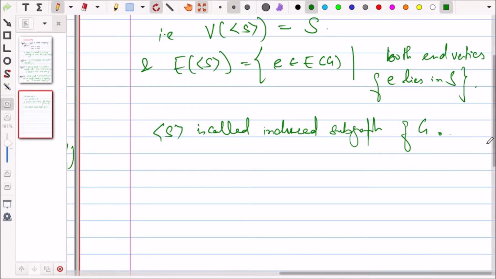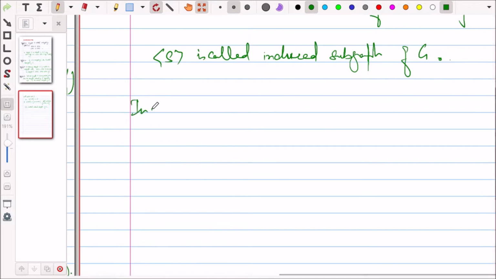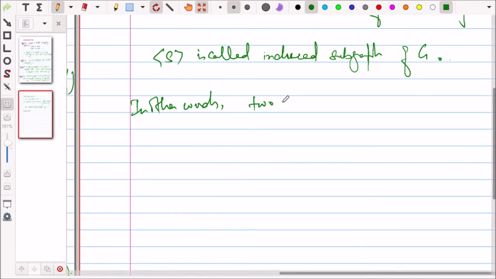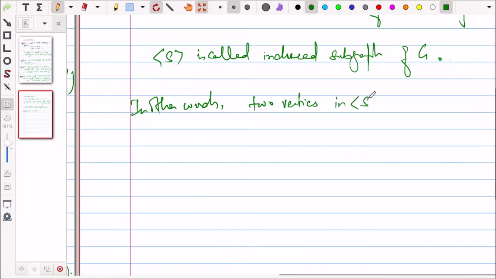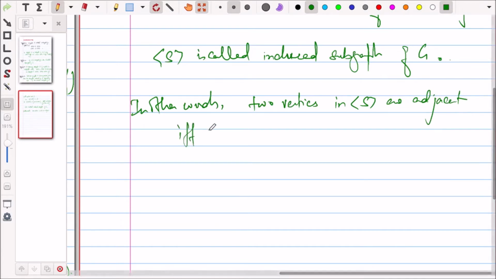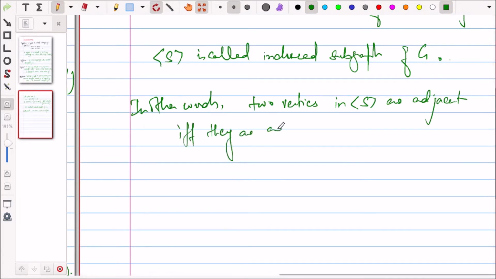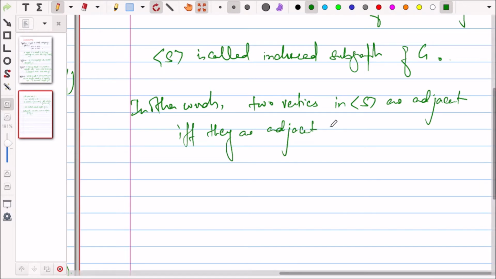One more, in other words, two vertices in S are adjacent if and only if they are adjacent in G. So all the edges of G whose end vertices lie inside S will come into S as well.